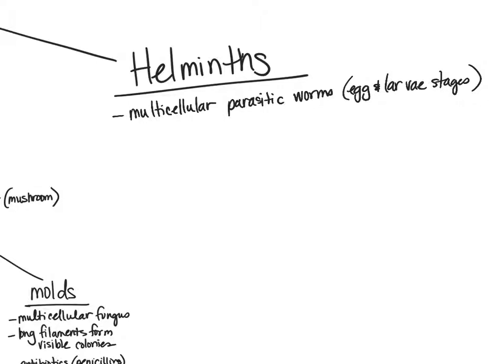So some examples of those, again, they're parasitic. So we see them, they can infect other animals like ourselves. So an example that's given in the text was the guinea worm. So someone can get that by drinking infected water. So drink water with the larva in it.